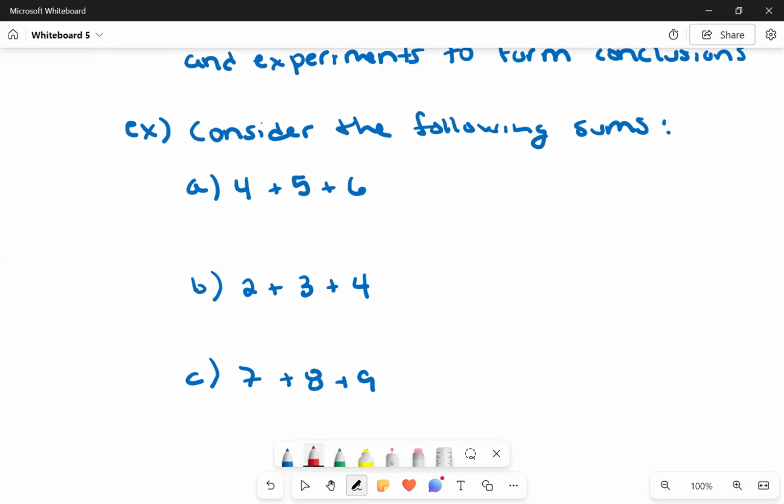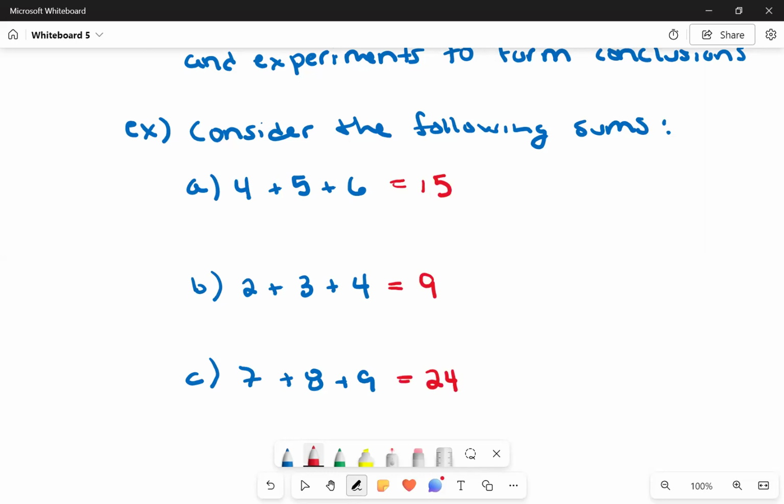Okay, so if I add 4 plus 5 plus 6, here, let's see, that's 9 plus 6 is 15. 2 plus 3 plus 4, that's 9. And then let's see, 7 plus 8 is 15, plus 9 is 24. Okay, so I want to look at these 3 results. And what I'm interested in is noticing if they have anything in common. So things that I'd be looking for are, are they all odd? Are they all even?